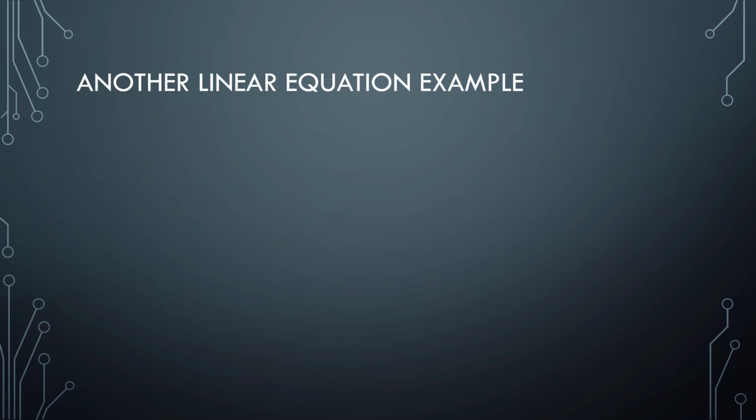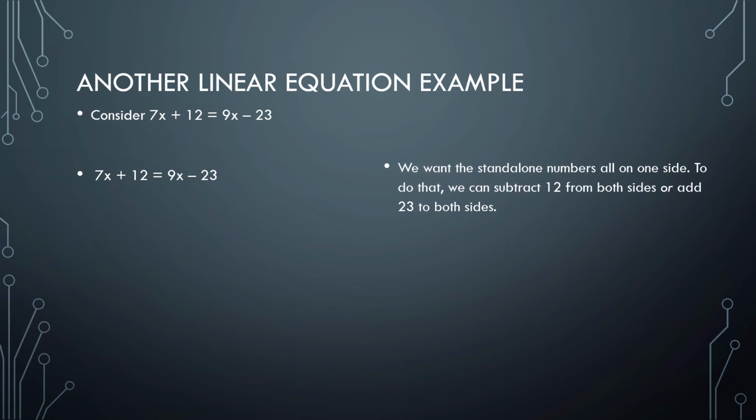Let's pick a harder example. Something like 7x plus 12 equals 9x minus 23. In this case, we need to separate the numbers from the variables. So to do that, we can either subtract 12 from both sides or add 23 to both sides.